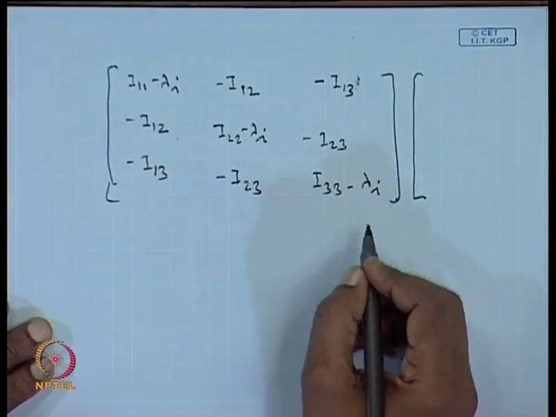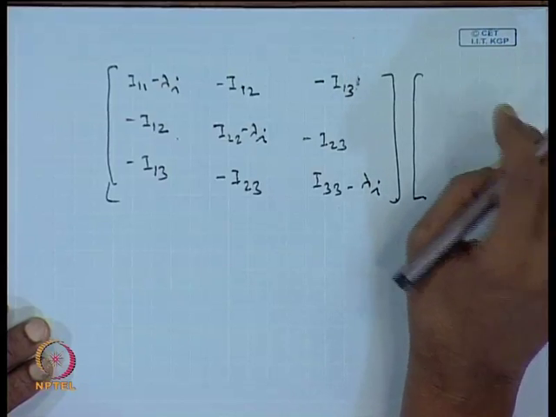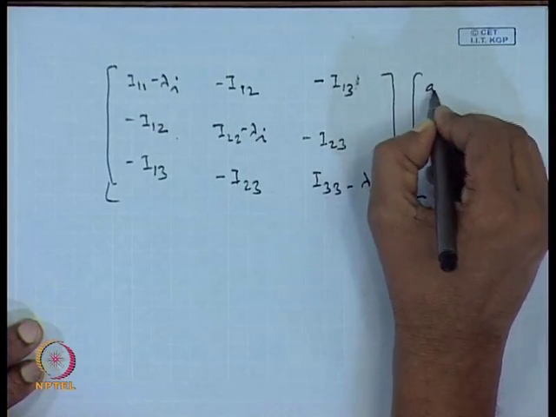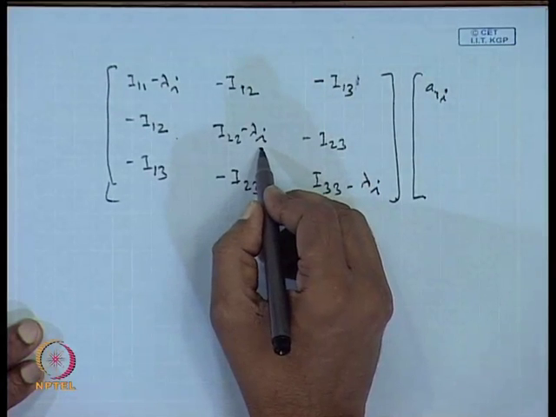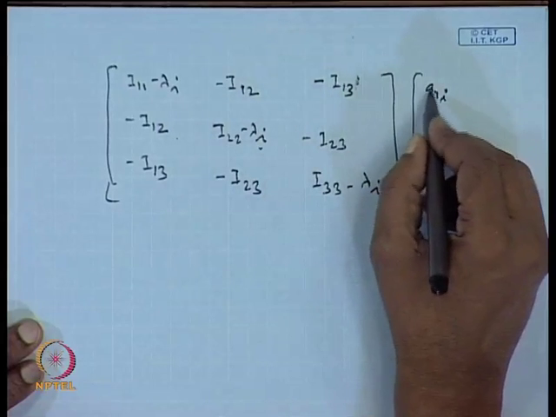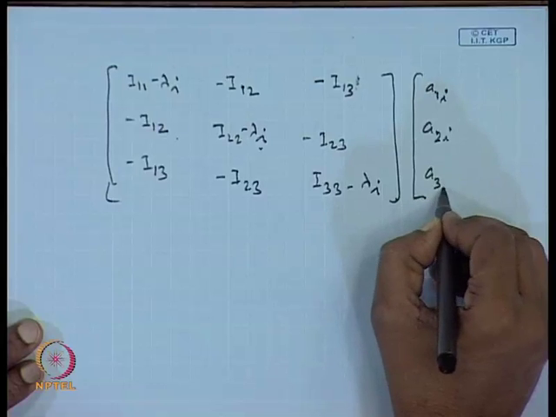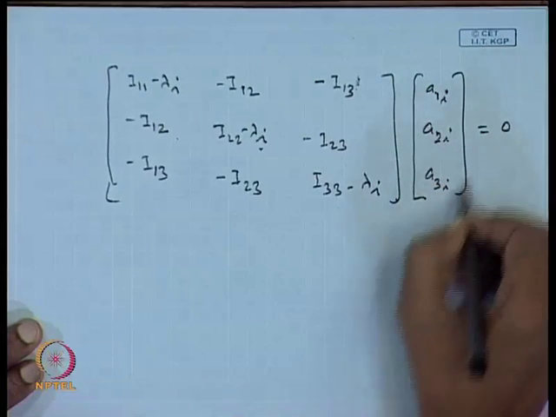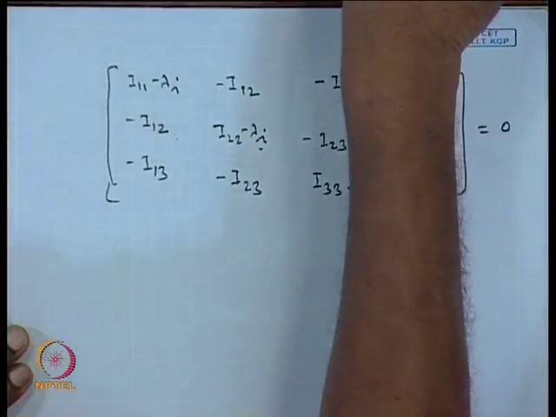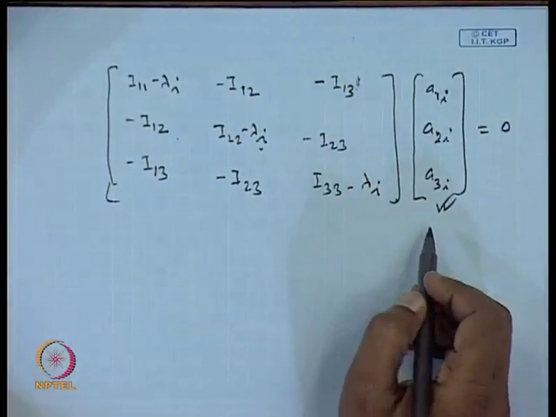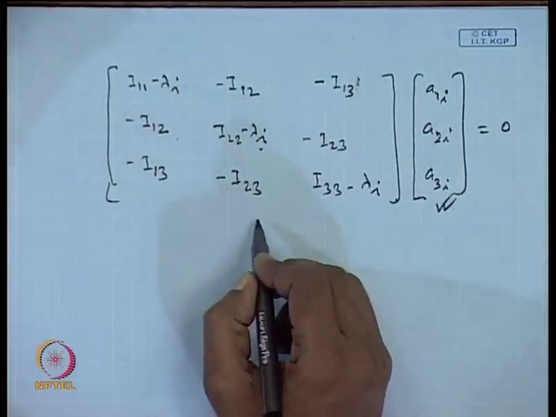Instead of using the eigenvectors as omega 1, omega 2, omega 3, so as not to confuse the notation, let us choose omega 1 I, which corresponds to this particular ith eigenvalue. So, this is the corresponding eigenvector A 1 I, A 2 I and A 3 I. We can disassociate with the omega for the time being. Okay. So, this quantity equals 0 and we have seen that this is a singular matrix.